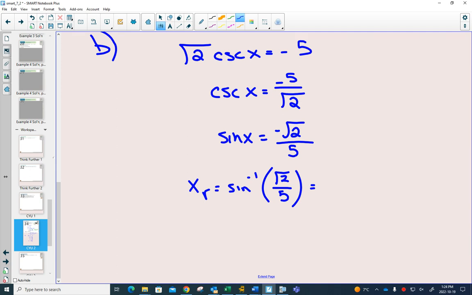So you have to be able to switch back and forth between radians and degrees. Sine inverse of the square root of 2 divided by 5. 16.4 degrees. Did it ask the nearest degree? 16 degrees.